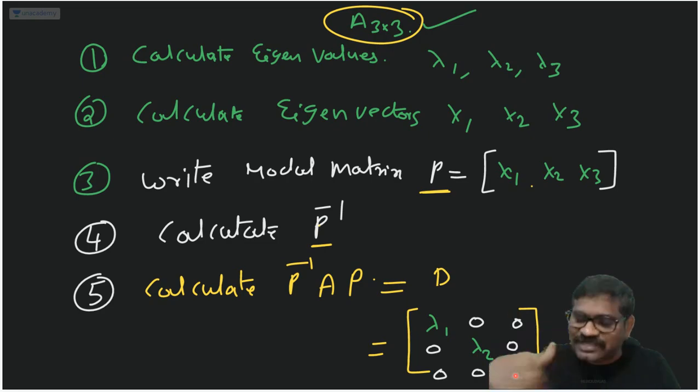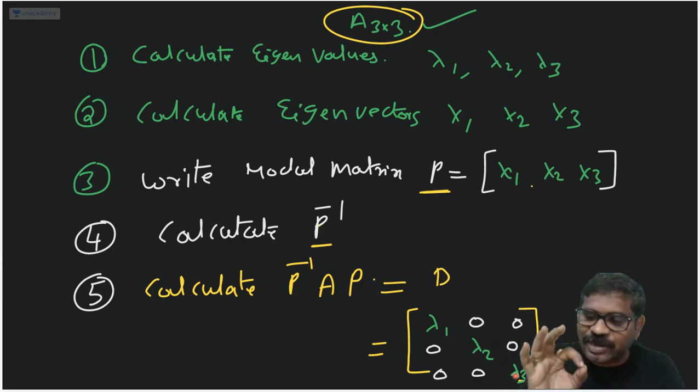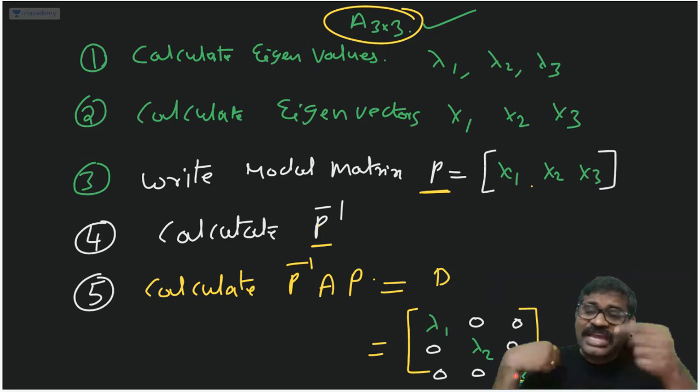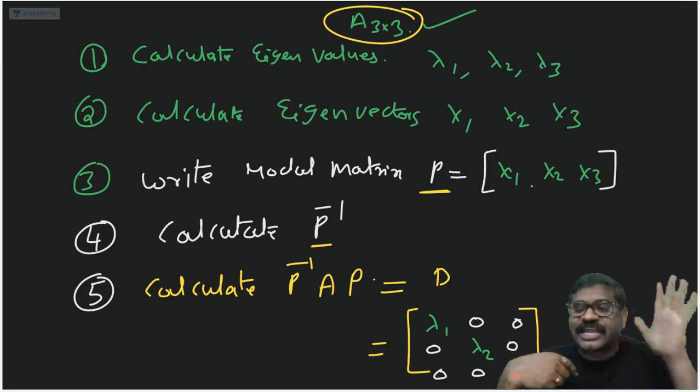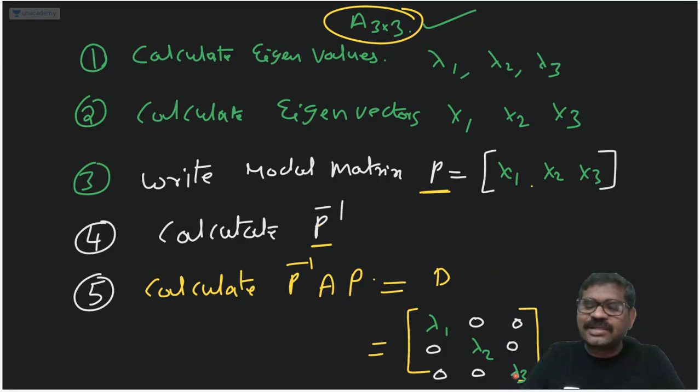This process is known as diagonalization. So a matrix is diagonalizable only if the algebraic multiplicity and geometric multiplicity of each eigenvalue coincide. Sir, if they do not coincide, then it is not possible to diagonalize the matrix.